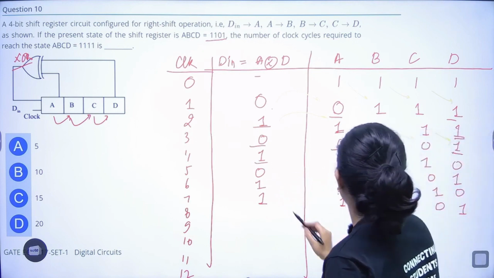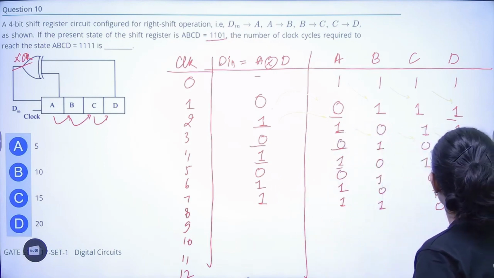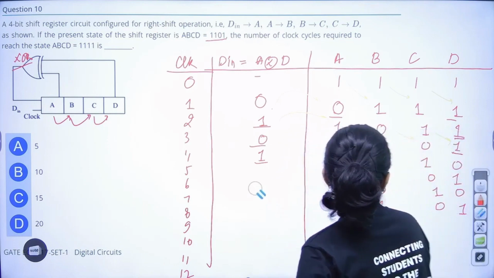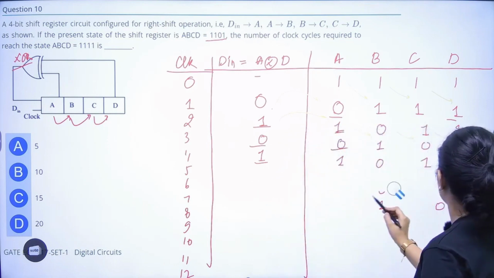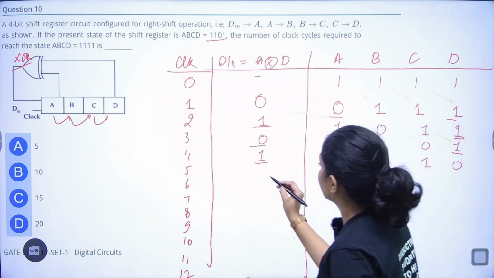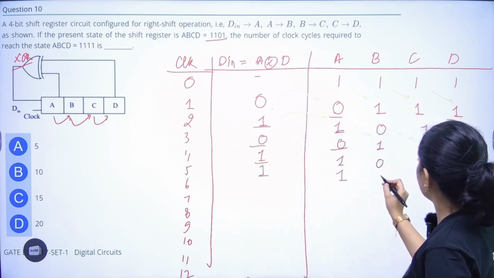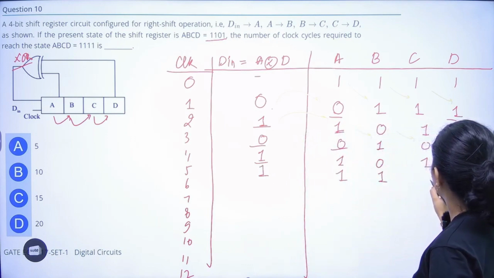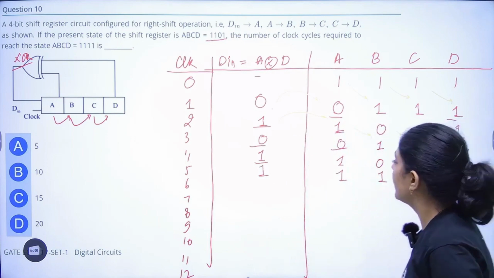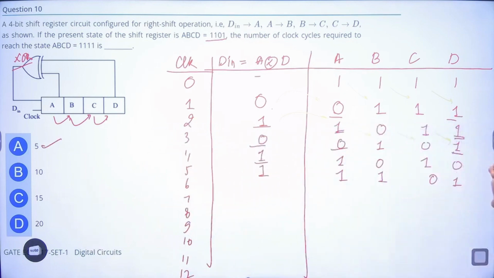I made a mistake, sorry. 1, 0 XOR is also 1, right? So 1, 0 XOR is 1, so it will be 1, 1, 0, 1. So after 5 clock pulses only, we will get 1, 1, 0, 1.